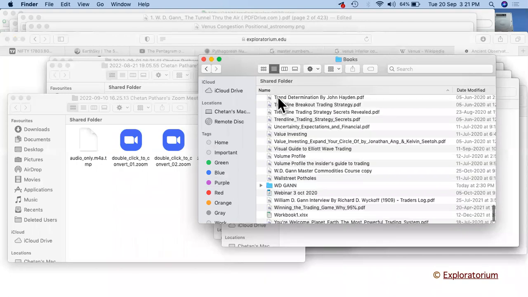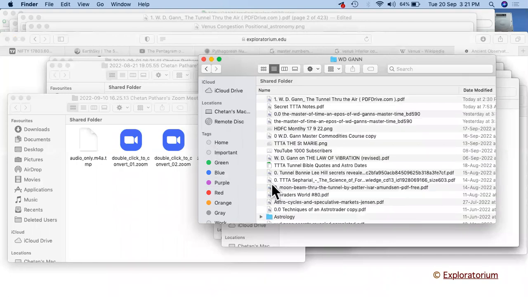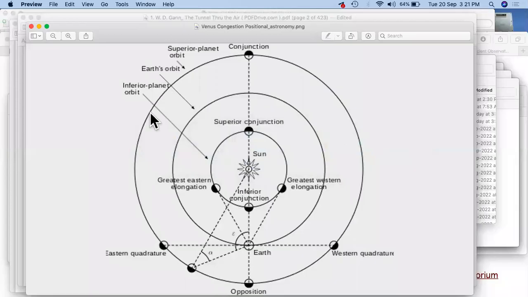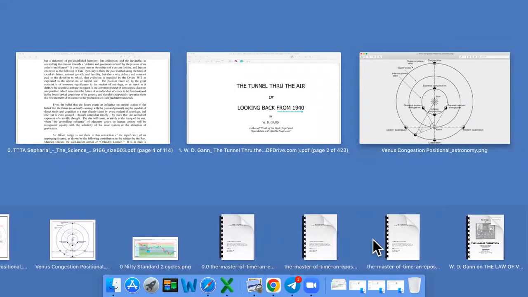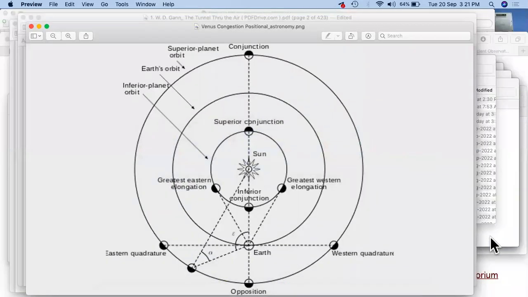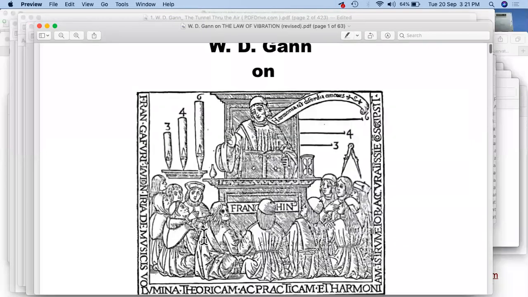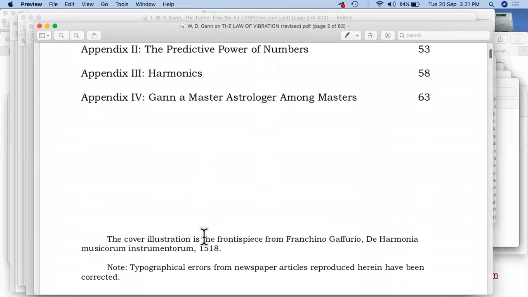So this is the book related to W. D. Gann, and what is law of vibration? Let me see if the book is there outside itself. Yes, law of vibration. Now, basically in the book, law of vibration, we studied certain parts.